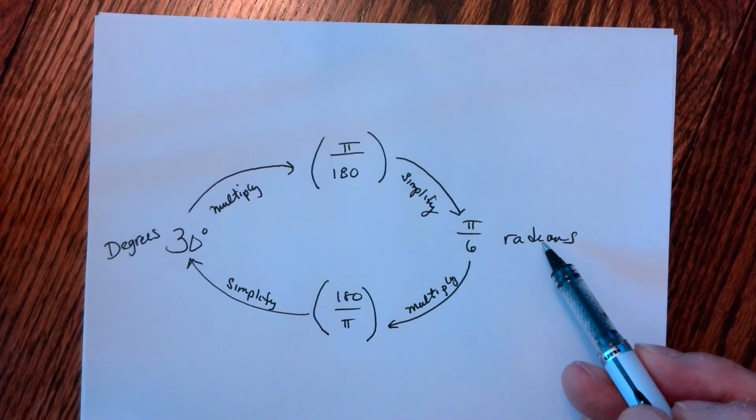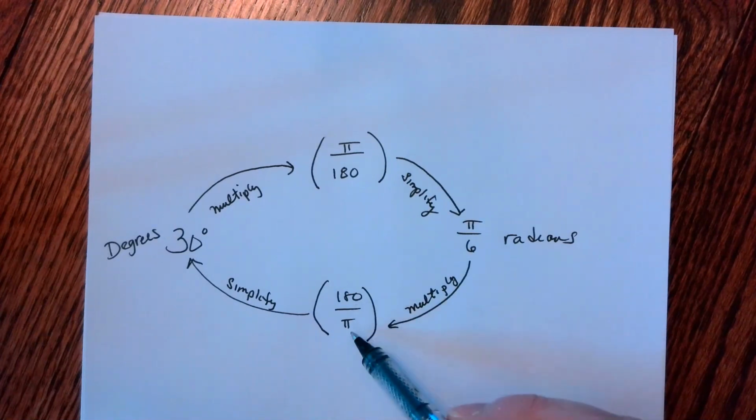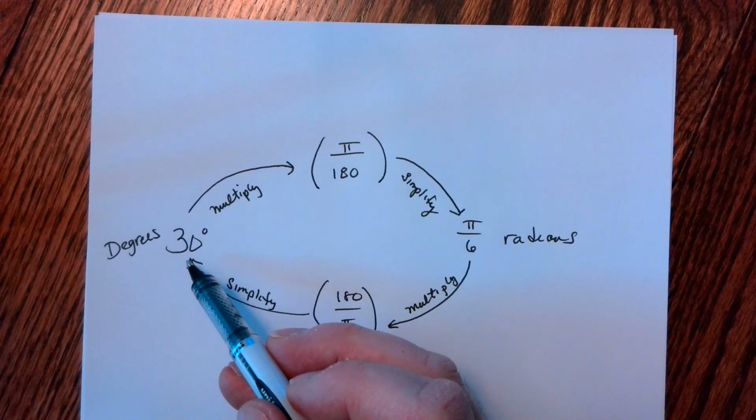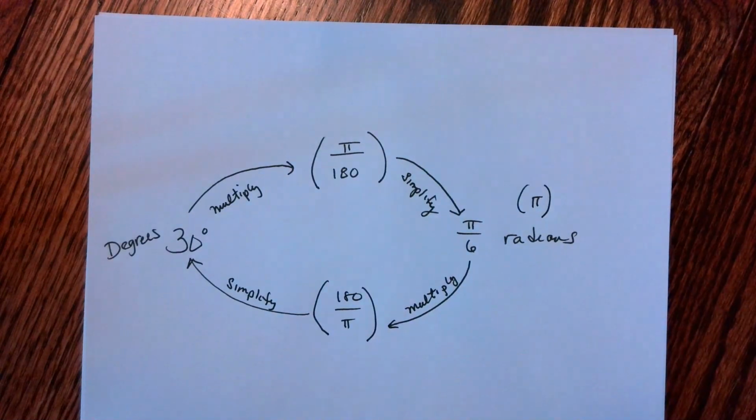If I'm going from radians to degrees, I'm going to multiply by 180 over pi and simplify and end up with my answer. Again, remember, when we're getting to radians, pi likes to be in the answer. When we end up with degrees, we can't guarantee pi will be in the answer.